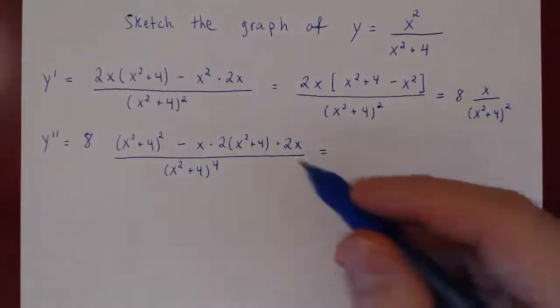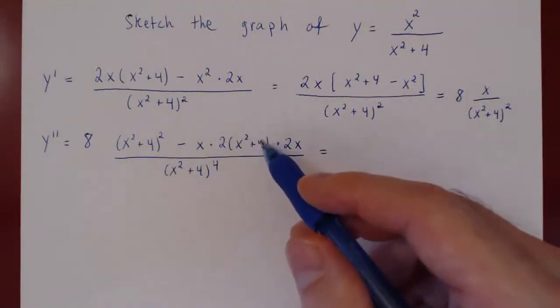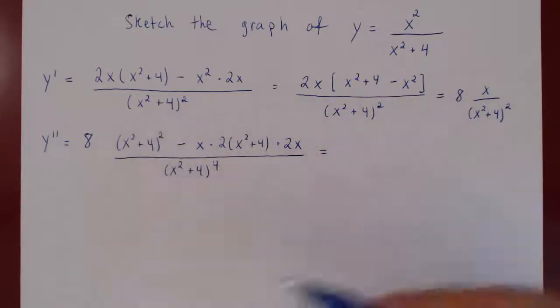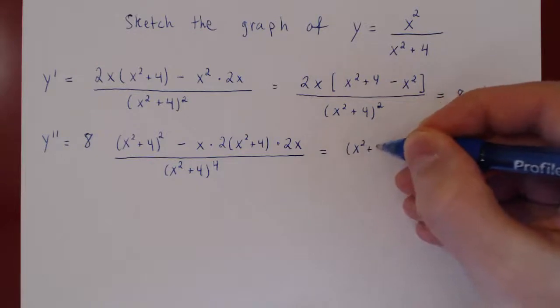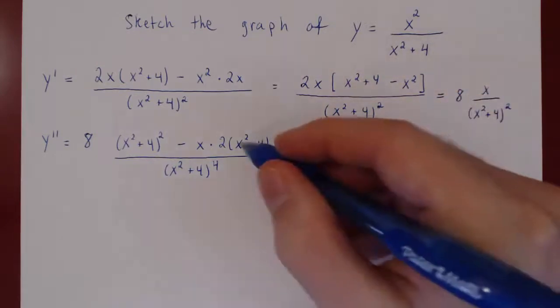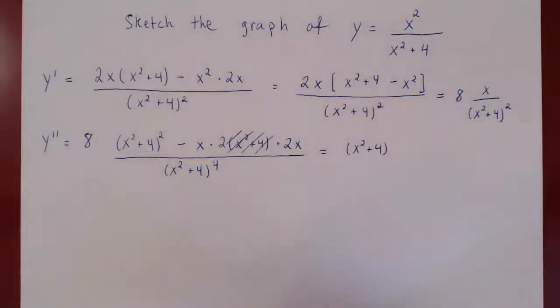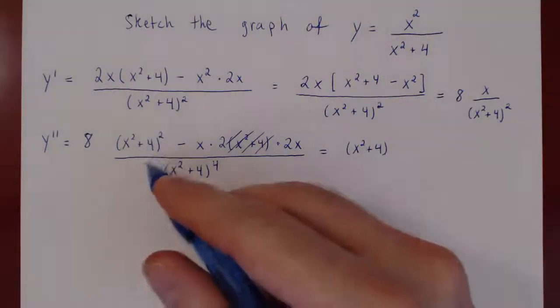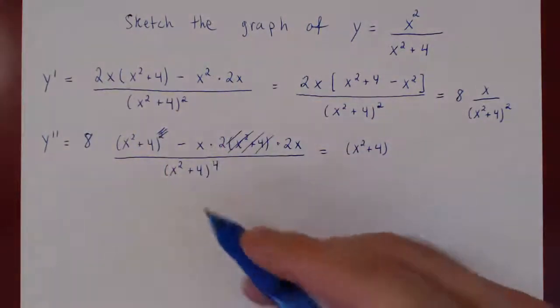Let's try and simplify and factor in common terms. Well, we have an x squared plus 4 here. We have 2 of them here, so we can factor one of them. So x squared plus 4. If we factor this one out, it's gone. If there are 2 x squared plus 4 terms and we factor 1, we're left with just the 1.